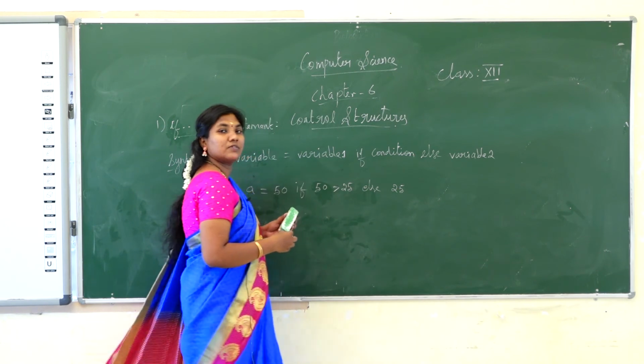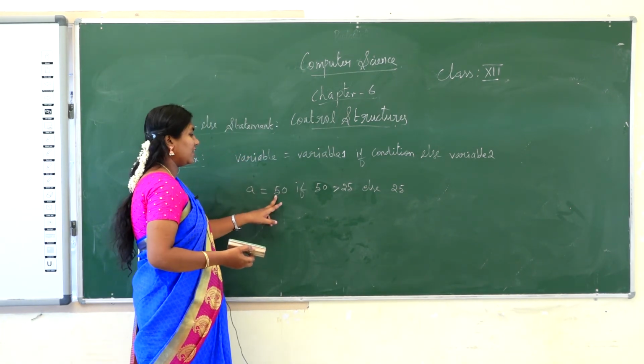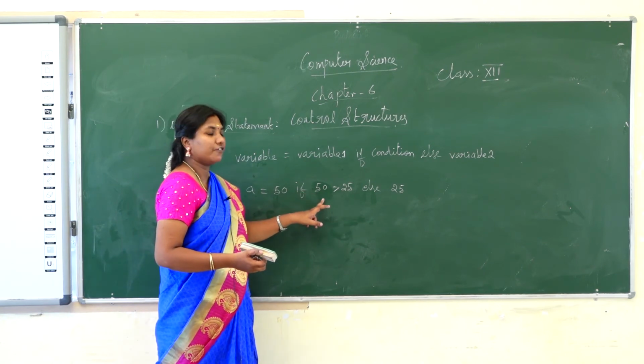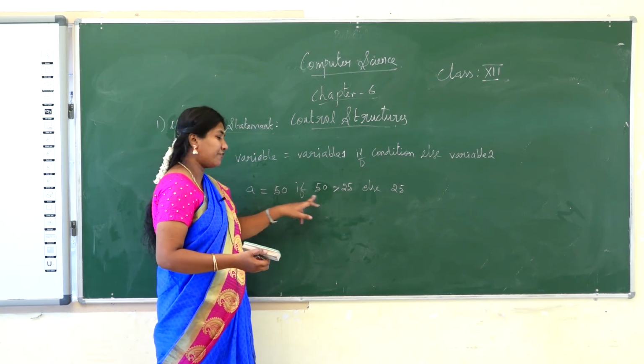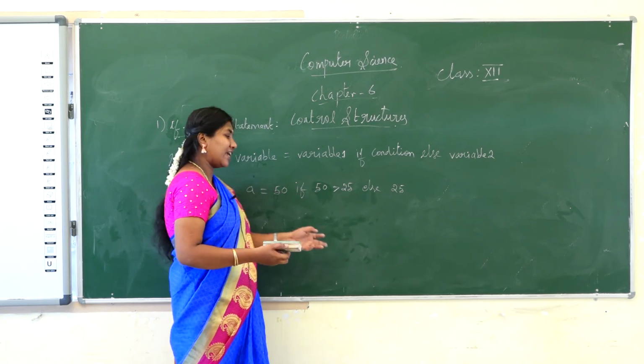Okay, so I have given to print 50 if 50 is greater than 25. If the condition 50 greater than 25 is true, then 50 is the output, else 25 will be the output. That is the same thing.